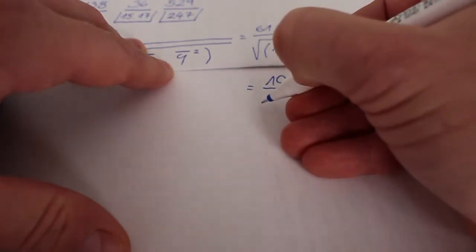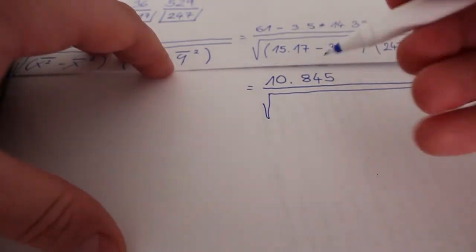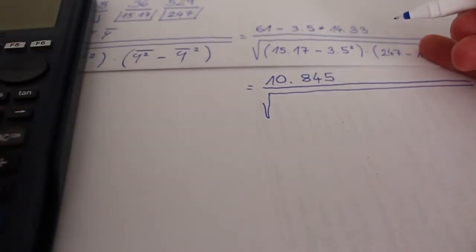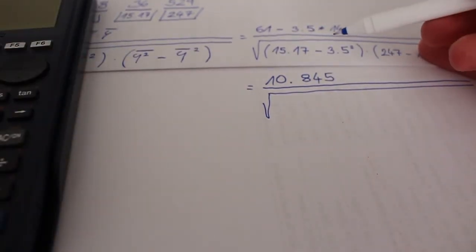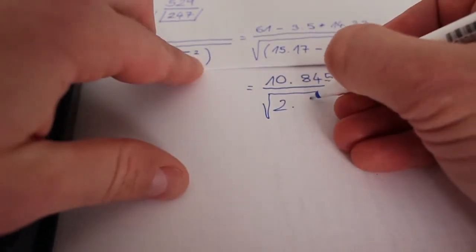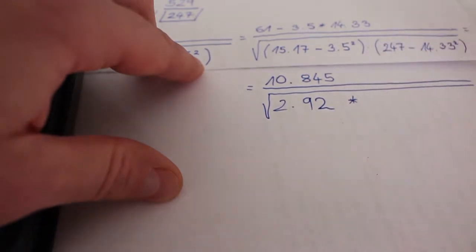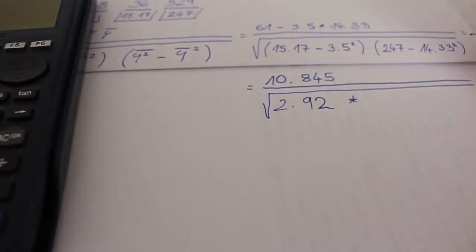And this is divided by the square root, and there we have the first part, 15.17 minus 3.5 squared, 2.92, multiplication second part, 247 minus 14.33 squared, enter.